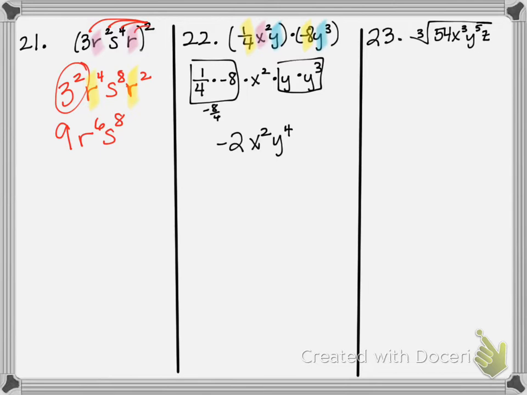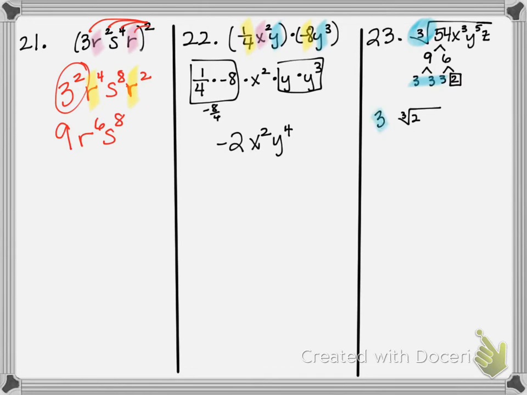So the first thing I want to do is I can break 54 down into 9 and 6, which can be broken down into 3 and 3, and 3 and 2. And if you remember, I need groups of 3. So here's one group of 3, and then 2 is a loner. Okay, so 3 comes outside of the radical, and then 2 goes inside.